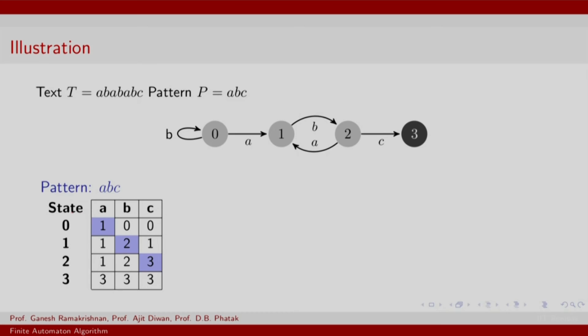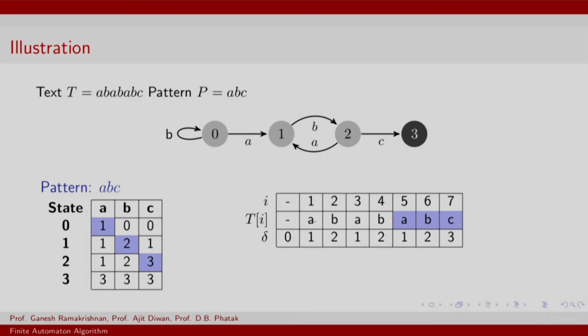The state transitions have been also tabulated below here. So this is nothing but our delta, which was obtained by virtue of our algorithm, and now we can see the algorithm in action. So starting at position 1, when you see input A, the delta for 0 tells you to go to 1, and that is what we have done. When you see a B, you go to 2, however when you see an A, you go back to 1.